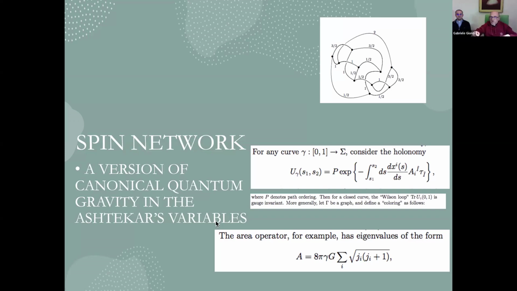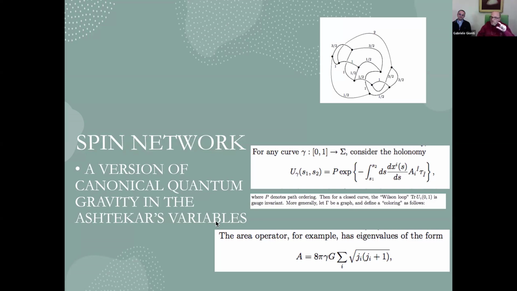That means a network of spins, representations in technical terms of the SU(2) group. This idea of spin network was originally introduced by Penrose anyway. And you write some functions on the spin network; essentially you write a curve, and a functional on this curve that depends on the connection and the Pauli matrices. If you do it this way, you are able to write solutions of the Wheeler-DeWitt equation.